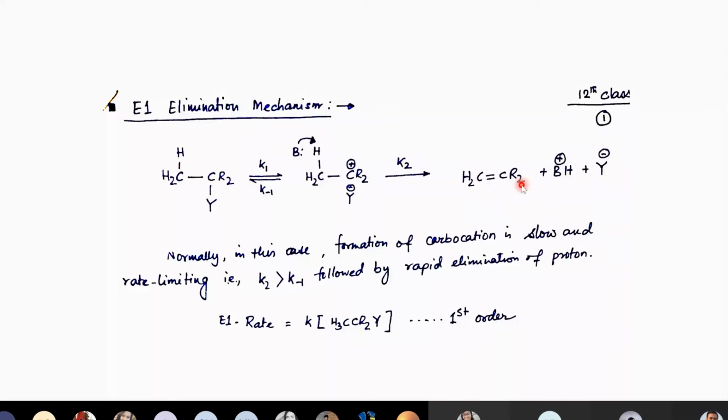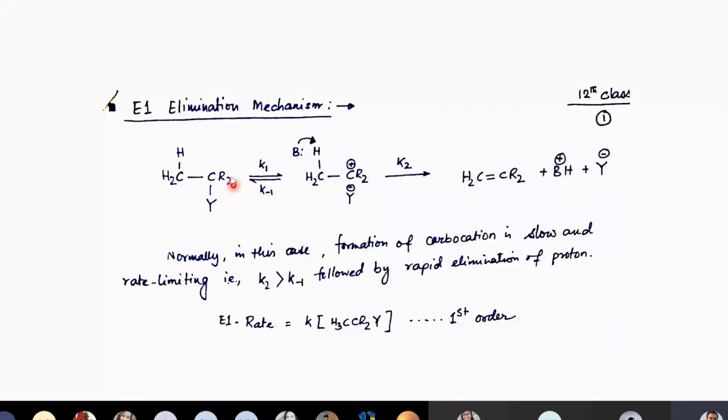Okay. So in this case, the formation of this carbocation happens in the slow and rate-determining step. So that means your K2 is much faster than your K minus 1. What did I say?